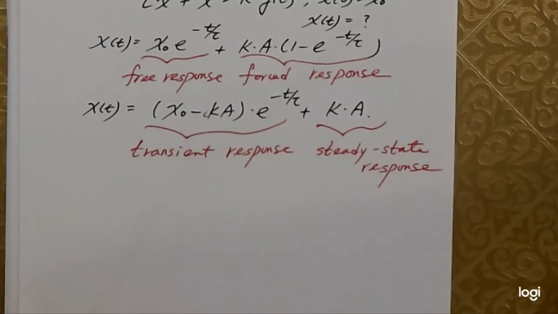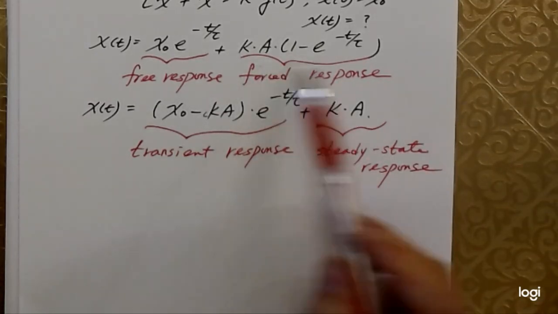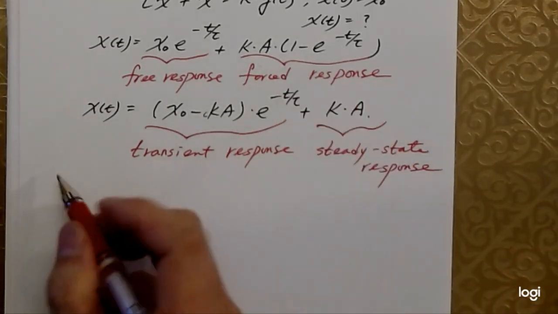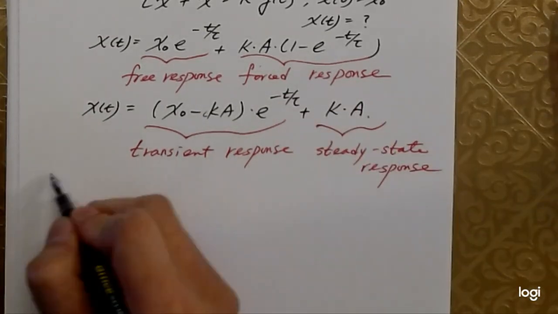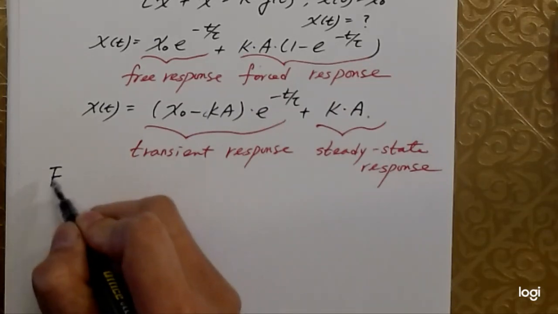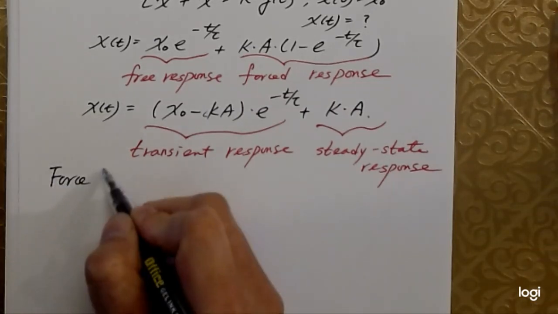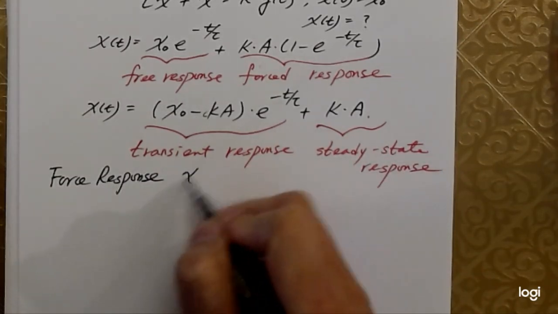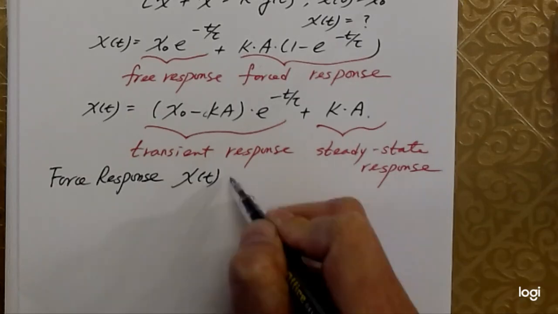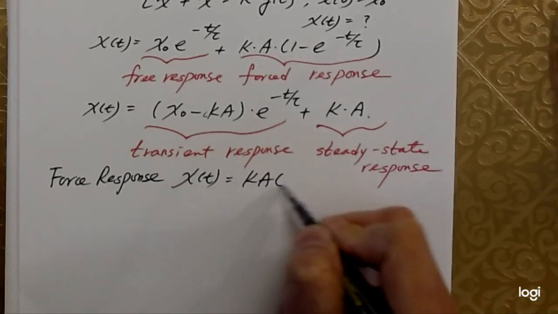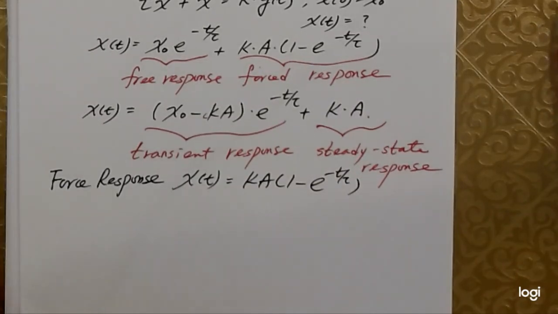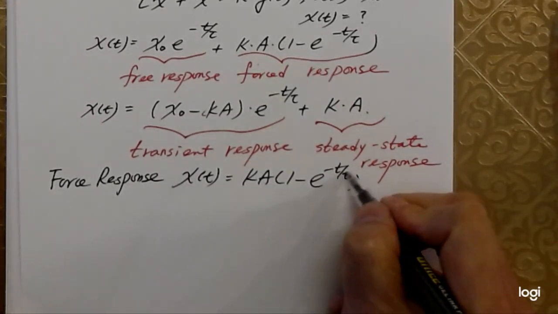Now let's take a close look, particularly at the input output relation, the forced response. If we look at this forced response, which is K A, this is tau.